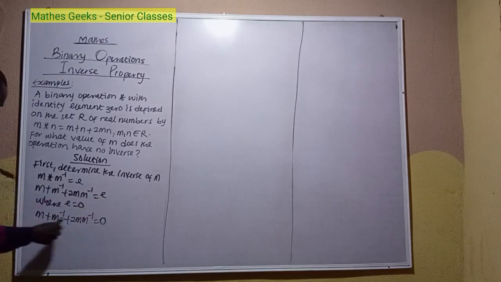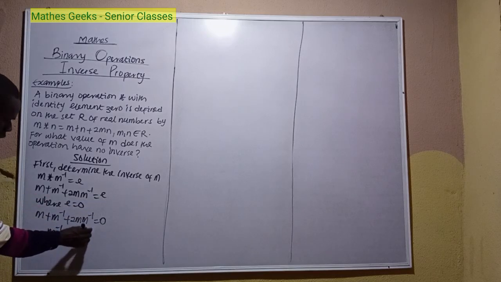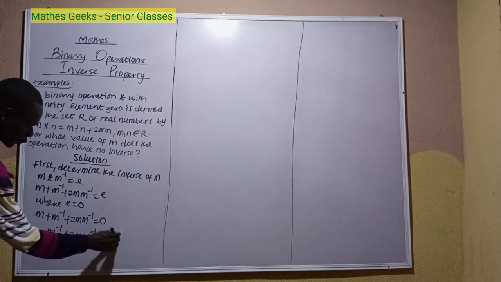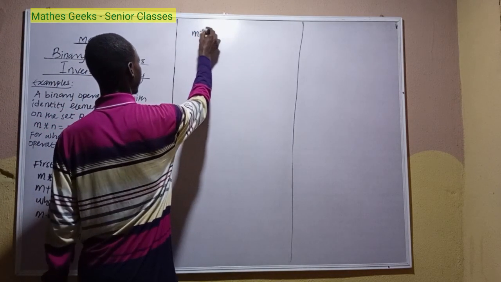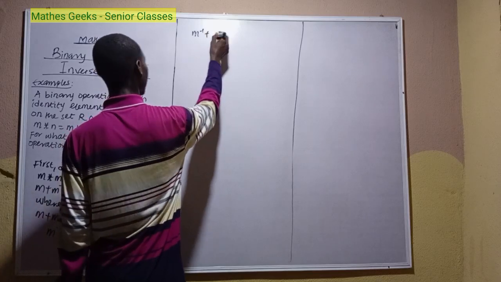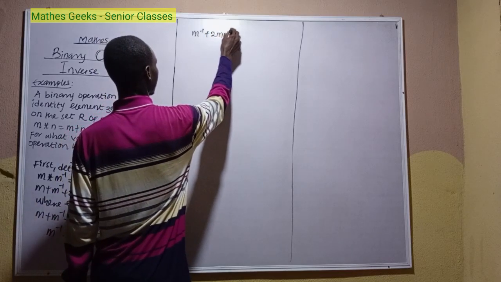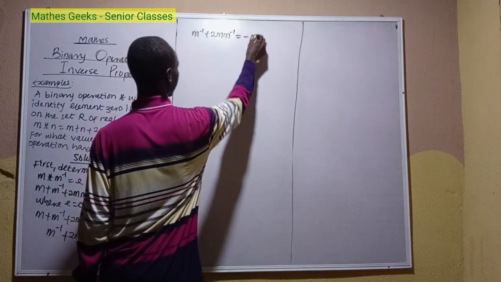So m comes to this side: m inverse plus 2m m inverse equals 0 minus m, so m inverse plus 2m m inverse equals minus m.